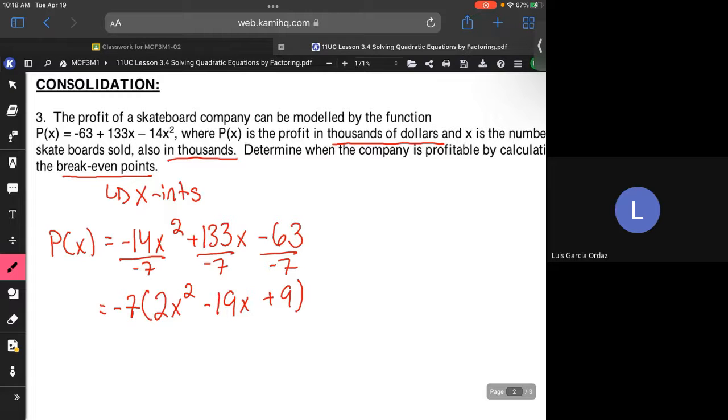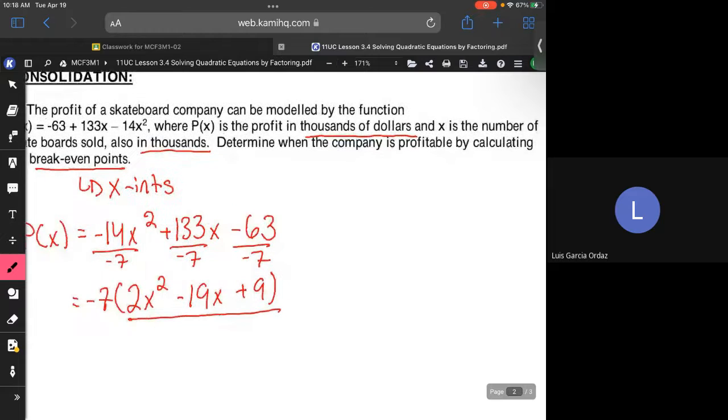So now we have our trinomial on the inside, which is 2x squared minus 19x plus 9. So what am I going to do to factor this? What's my sum?